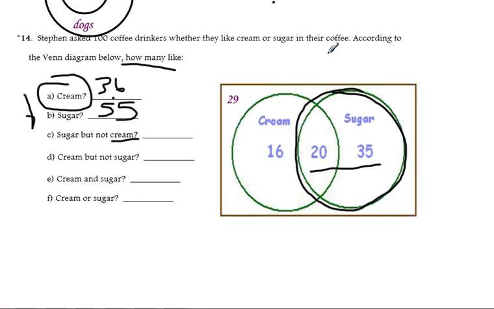So anything inside the cream circle, here's the cream circle, which includes this 20 here, has to be eliminated from our answer. So here's the people that like cream, and here's the people that only like sugar, not cream. So that's a total of 35 people.